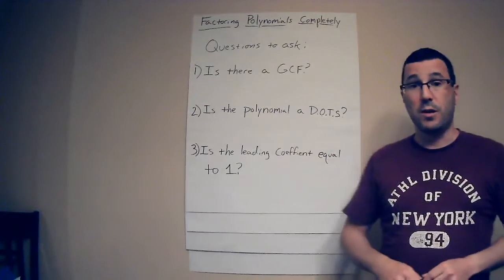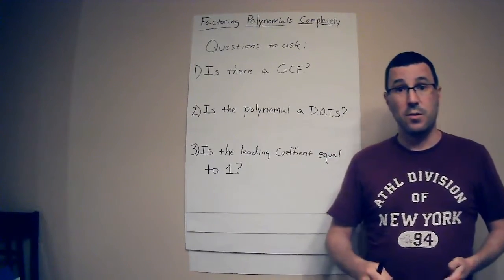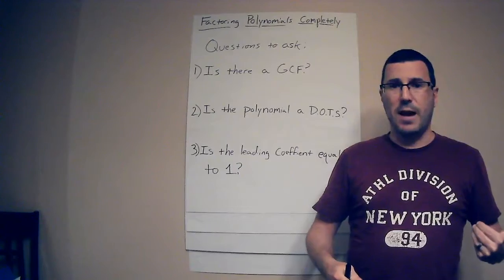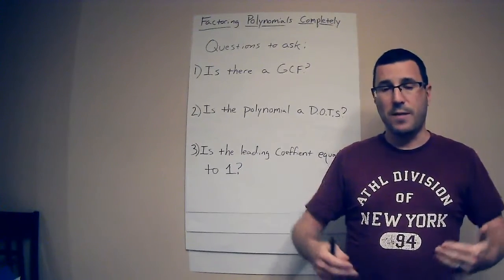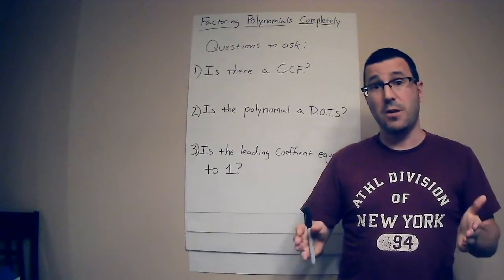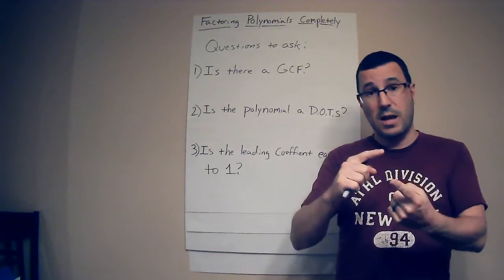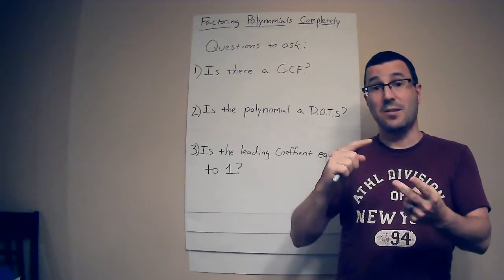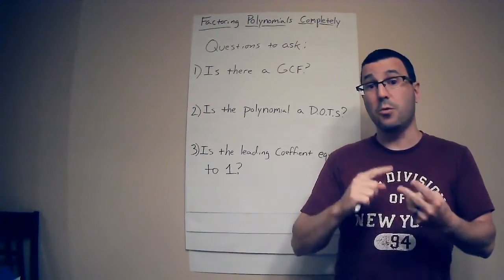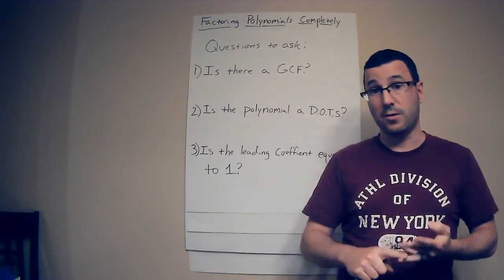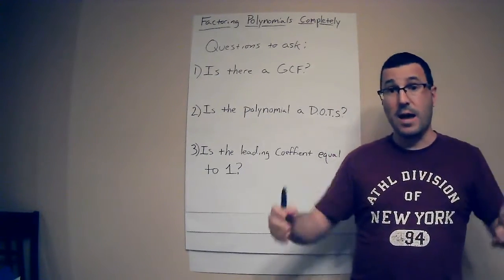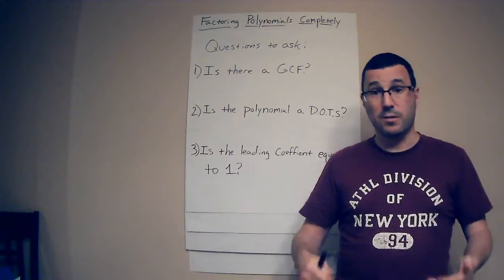Is the polynomial a difference of two squares? So you pulled out the greatest common factor, and you look and see what you have left over. Does it have subtraction? Is there only two terms? And are those two terms both perfect squares? So if you have that, well, then you can do a difference of two squares.